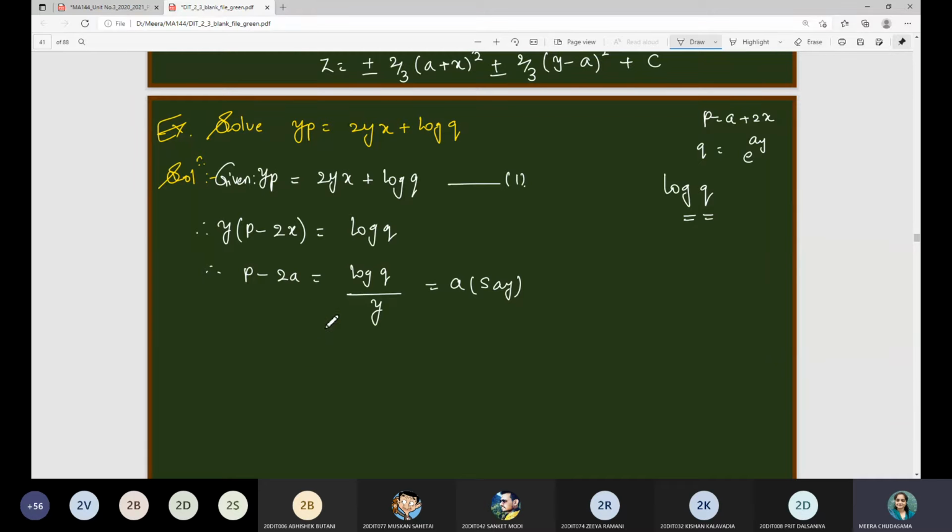You will understand. You are smart enough to understand this one. This is 2x.